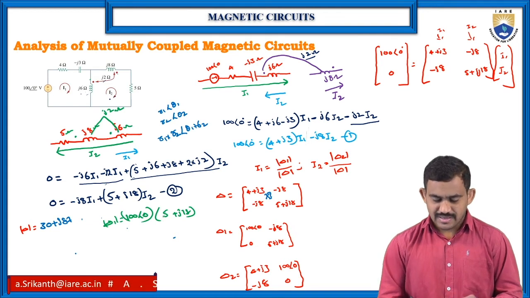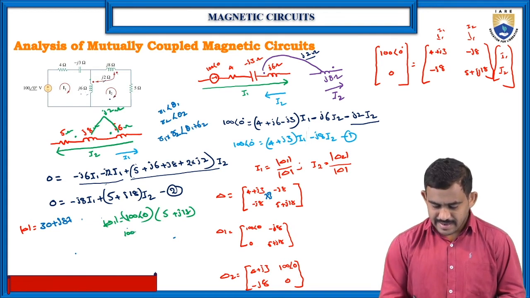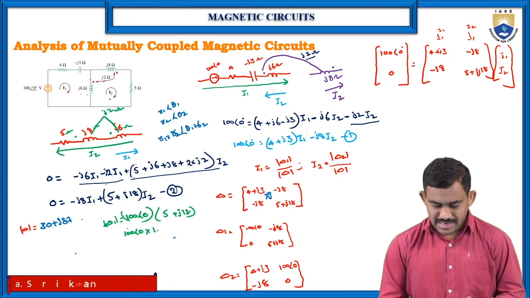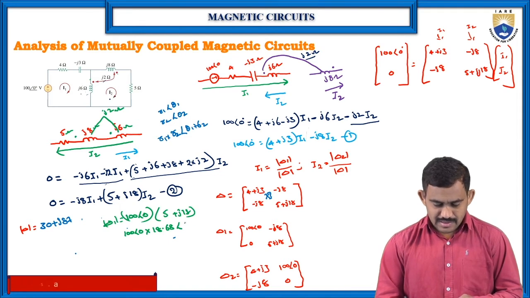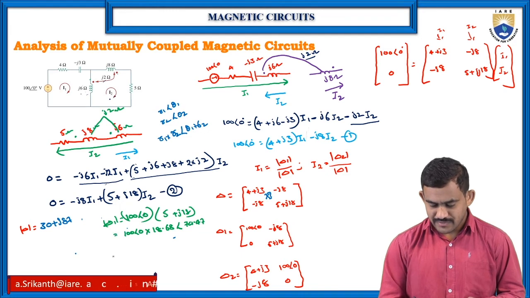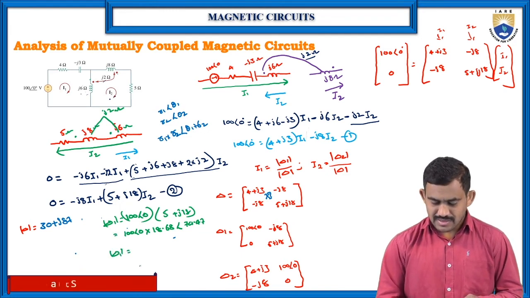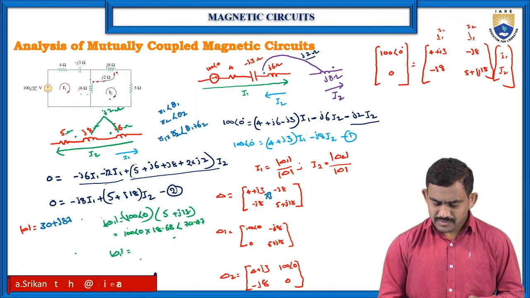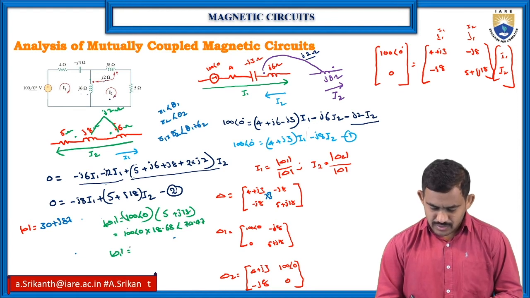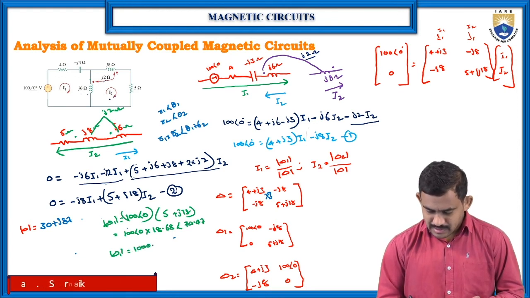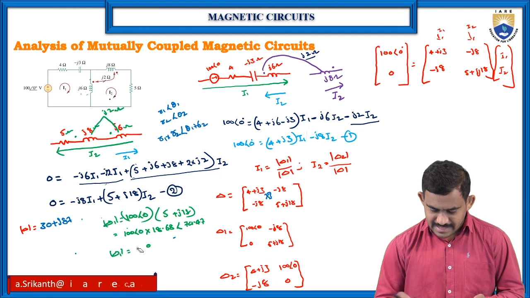The answer for this is 100 angle 0 into 18.68 angle 74.4. So your del of delta 1 value, total we get 1800.